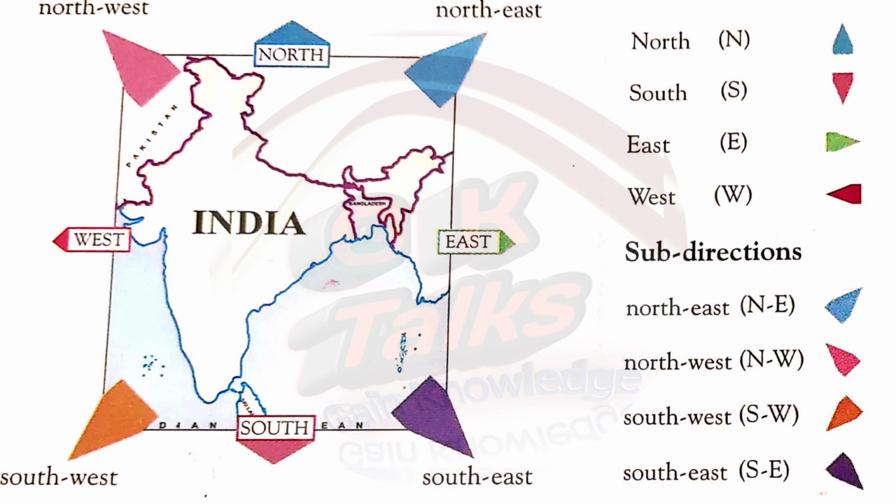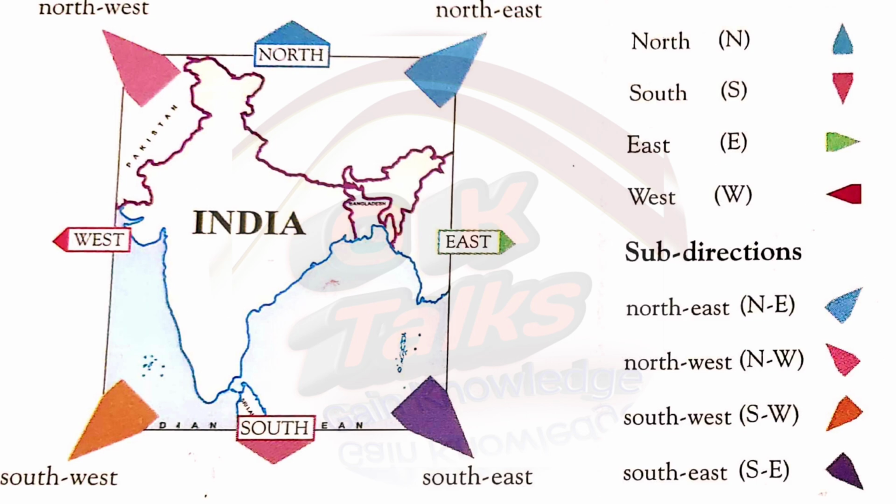The east is to your right. It corresponds to the right edge of your map. To your left is the west. It corresponds to the left edge of the map. These directions are also called cardinal directions. Next feature, subdirections. Apart from the main directions, there are also four subdirections.